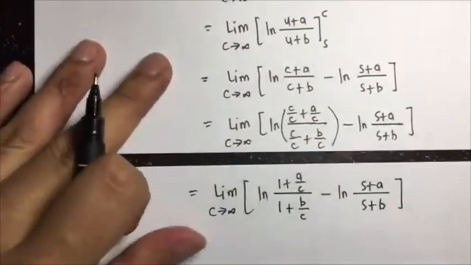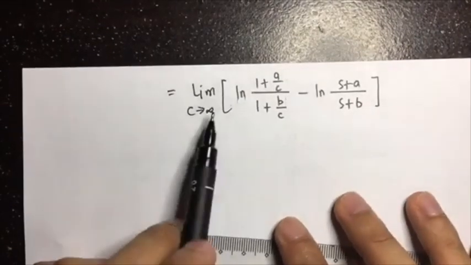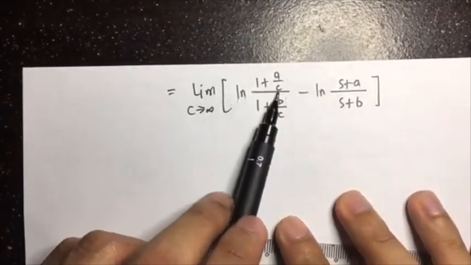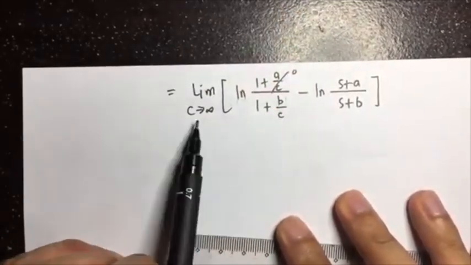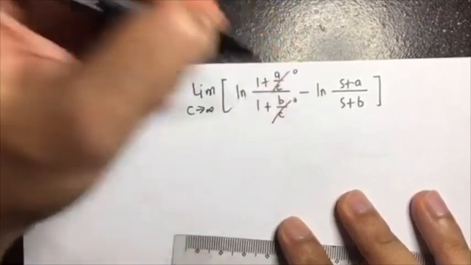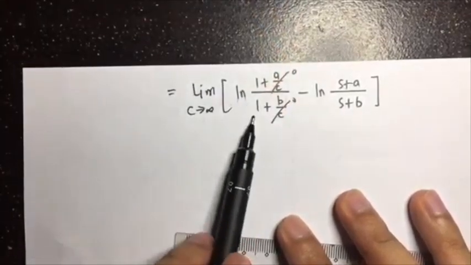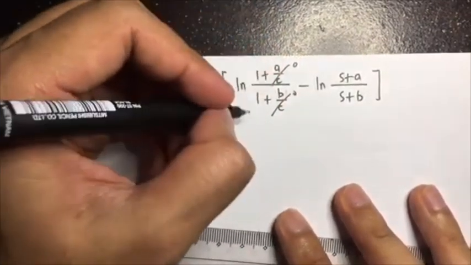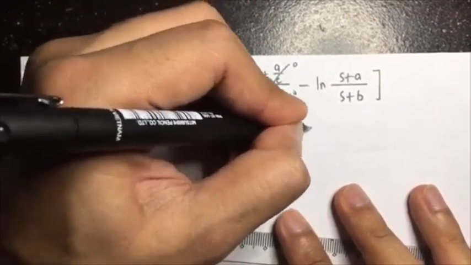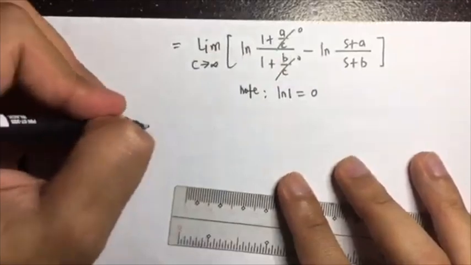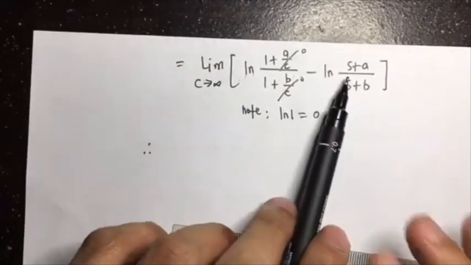So as c approaches infinity, a over c will become 0. b over c, as c approaches infinity, also becomes 0. So what will remain is ln of 1. But we know that ln of 1 is equal to 0. So therefore, what will remain is this.